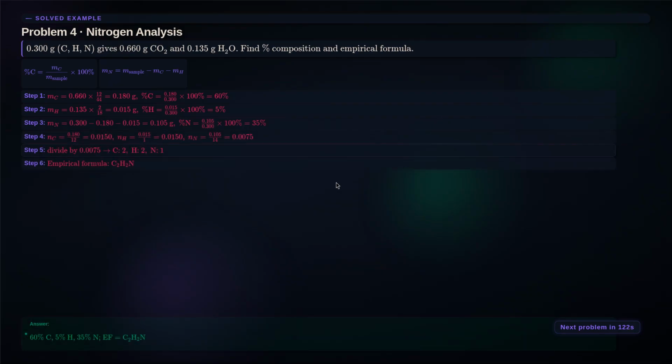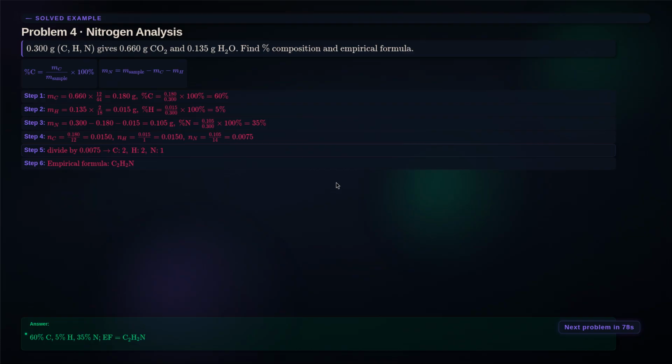Problem 4. Analysis with nitrogen. A 0.300 gram sample containing carbon, hydrogen, and nitrogen produces 0.660 grams of CO2 and 0.135 grams of H2O. Find the percentage composition and empirical formula. Step 1. Find the masses. Mass of carbon is 0.660 times 12 divided by 44, which equals 0.180 grams. The percentage of carbon is 0.180 divided by 0.300 times 100%, which equals 60%.